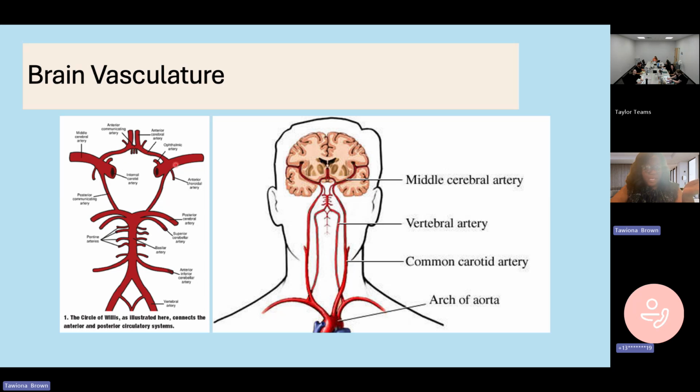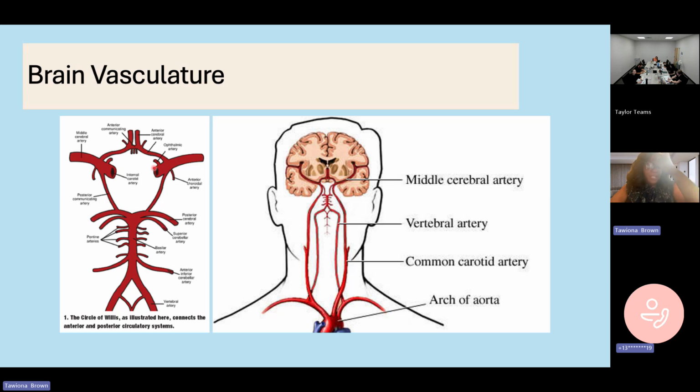You have two MCAs or middle cerebral arteries, and you have two ACAs or anterior cerebral arteries. The posterior connector for the circle of Willis is the posterior communicating artery. That's here. And then right here, you have your PCA or posterior cerebral artery. So in the big scheme of things, that's what makes that anastomotic circle.